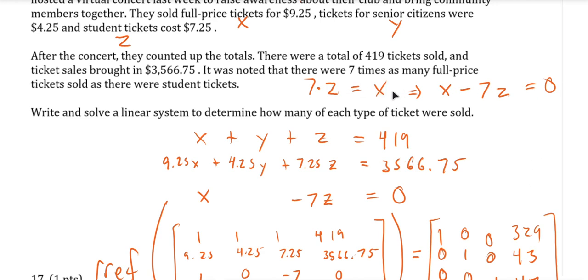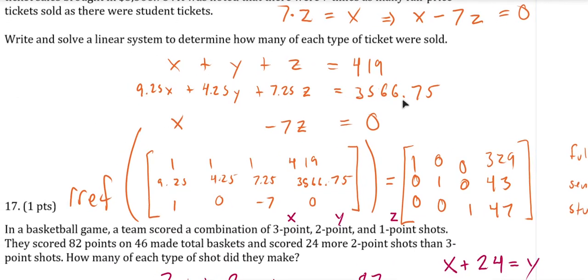If I want to write that equal to some constant, I just minus the 7z over to the other side, and we get x minus 7z equal to 0. That gives me a third equation that I can use in my matrix. So here I have the sum of all of the tickets is 419. The sum of the tickets number times their price is equal to my revenue.